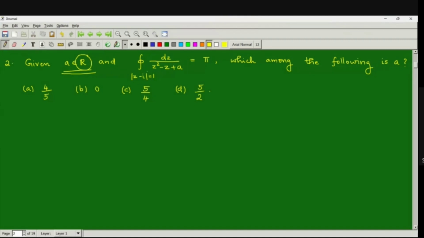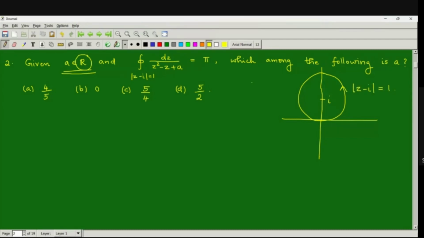So A is a real number. Now what is given? The integral of a function on this circle is pi. What actually is that circle? A circle centered at i and radius 1. So this is the circle, mod z minus i equal to 1.